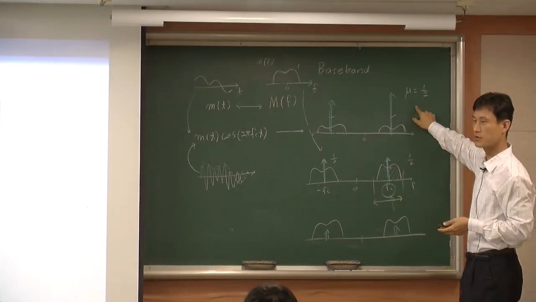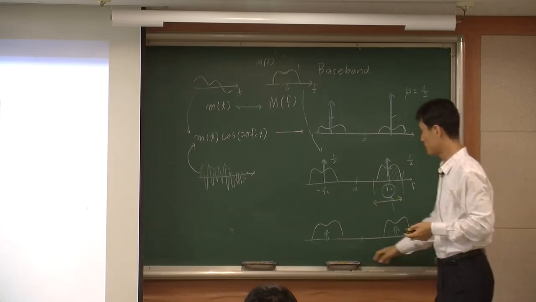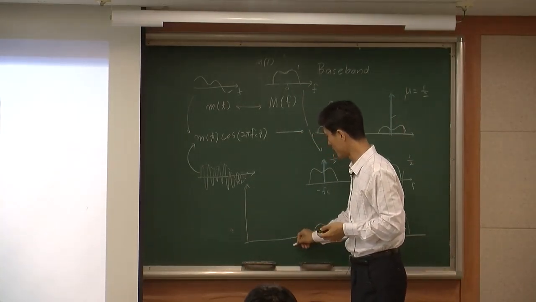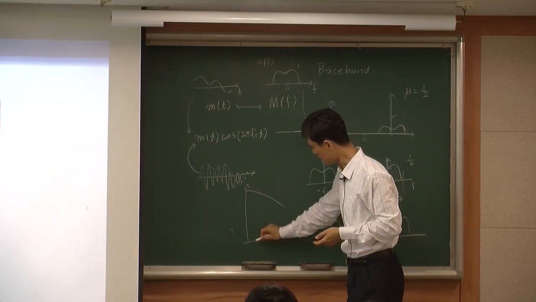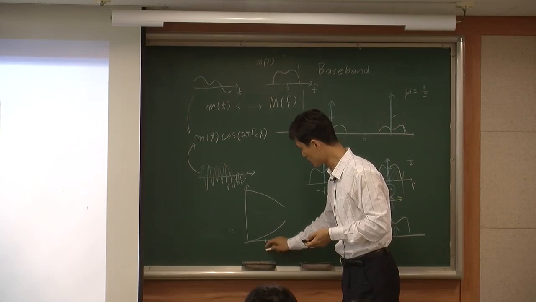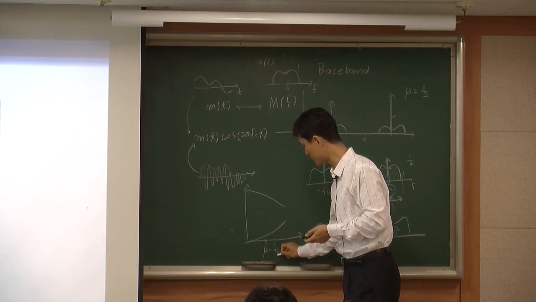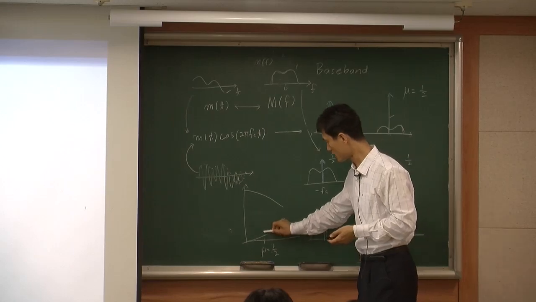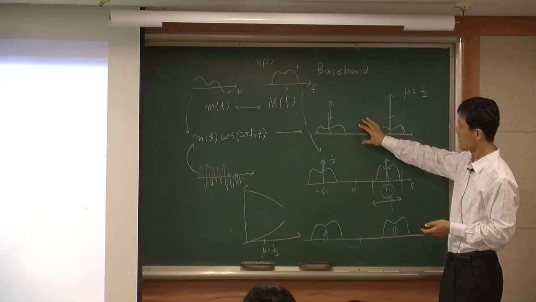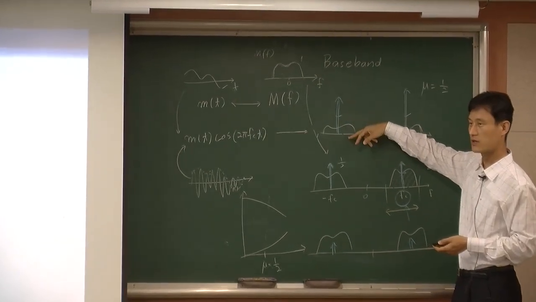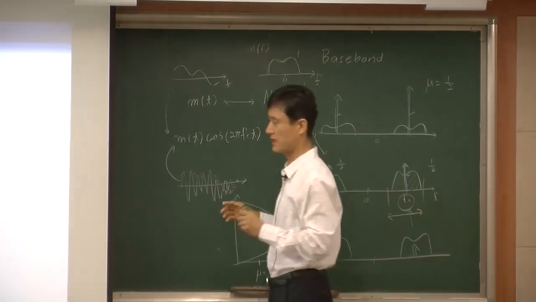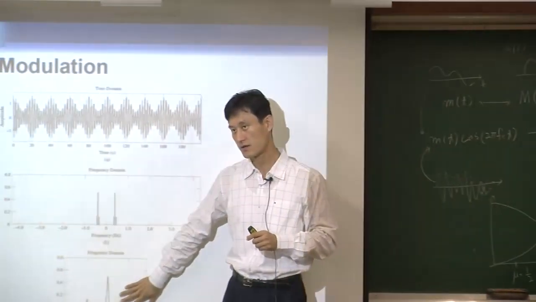Remember that when you compare the power in the carrier and the power in the sideband, this is about mu equal to 0.5, mu equal to half, somewhere here. We still see that the carrier has a lot of power, and your sideband has some 20% or even less power. So that's what you see here.